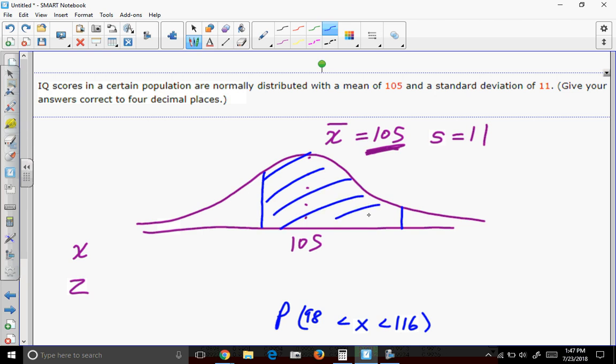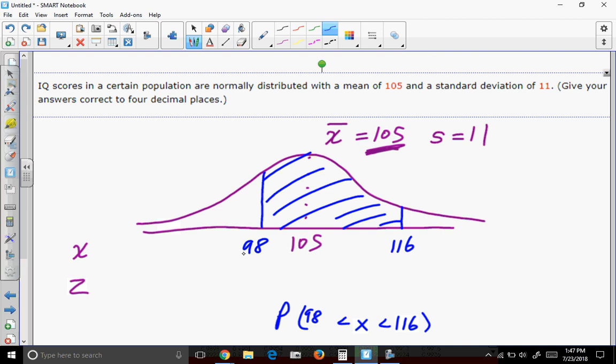So we want to find how likely it is that someone falls in this region between those two values. Since 100% of the data falls underneath the curve, if we can find how much of our data falls in between here, that will tell us what portion falls in there, or the probability of selecting a person in this range.